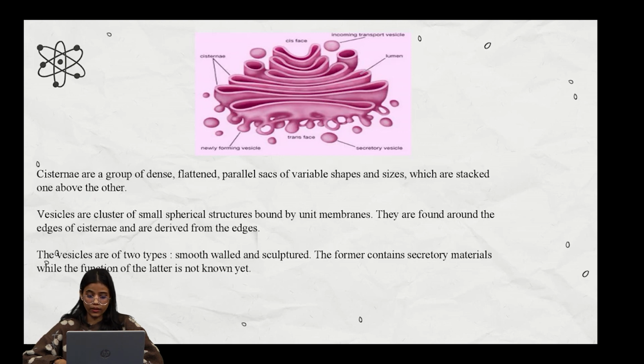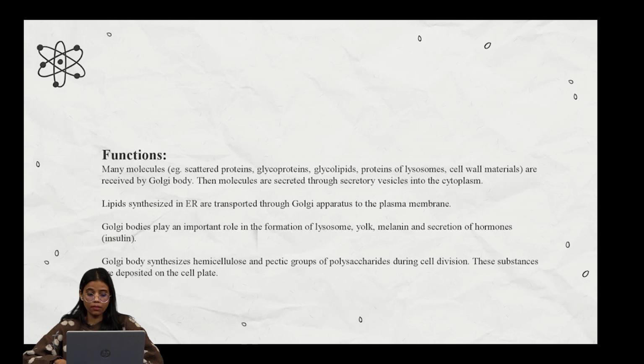If we talk about the function, many molecules, for example secretory protein, glycoprotein, glycolipids, protein for lysosomes and cell wall material, are received by the Golgi body, and then the molecules are secreted through secretory vesicles into the cytoplasm.